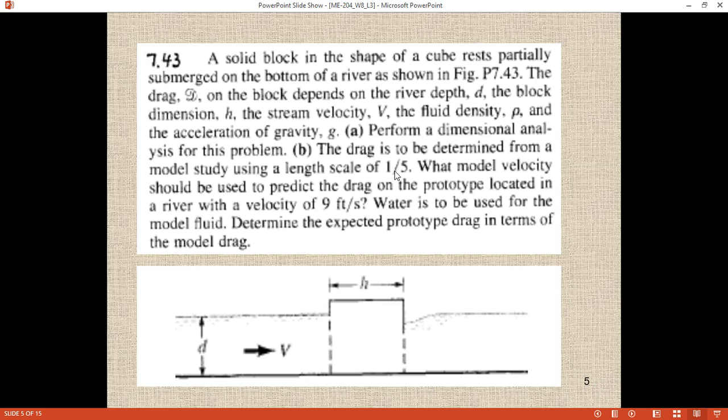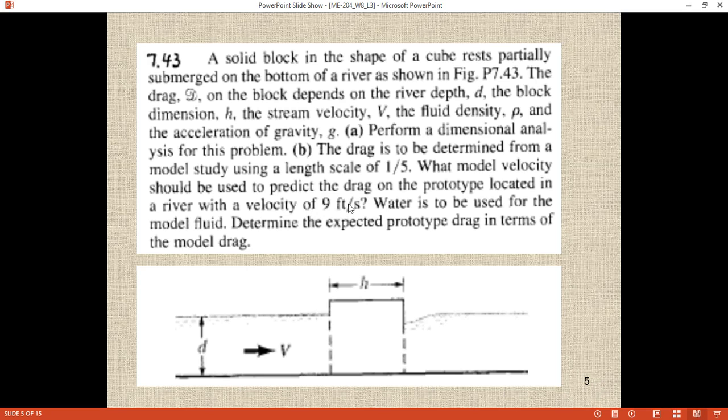Okay, so whatever is the length of the prototype and whatever is the length of the model, the ratio between the length of the prototype and the model is 1:5. So what model velocity should be used to predict the drag on the prototype located in a river with a velocity of 9 feet per second?